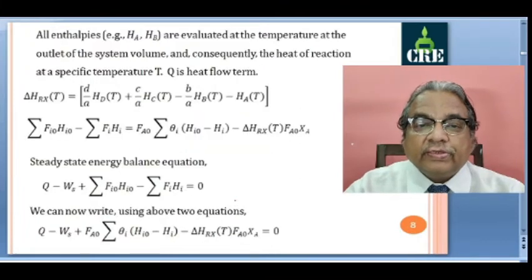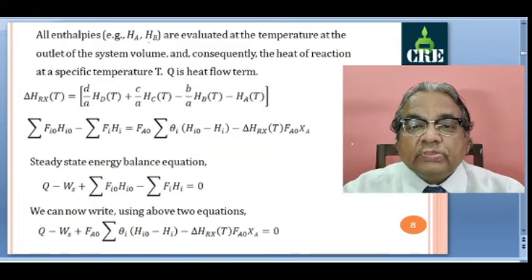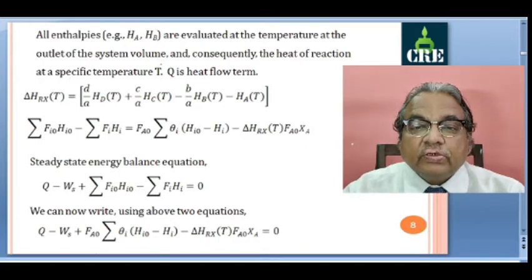So we have just rearranged the terms. All the enthalpies HA or HB are evaluated at the reference temperature at the outlet system volume, and subsequently the heat of reaction at specific temperature T.